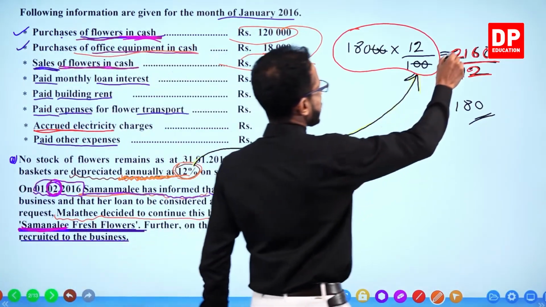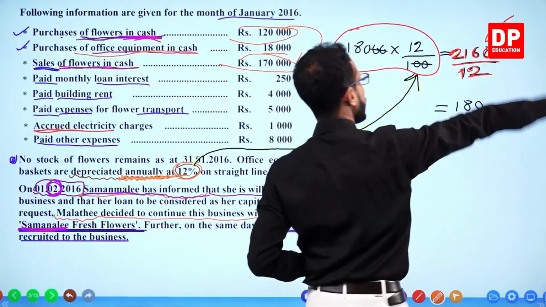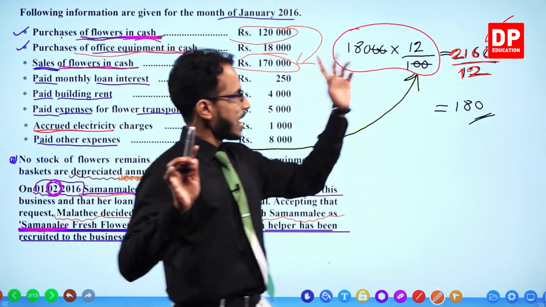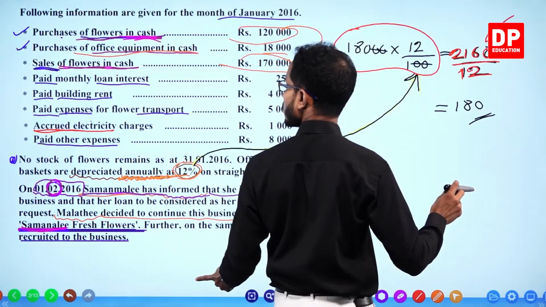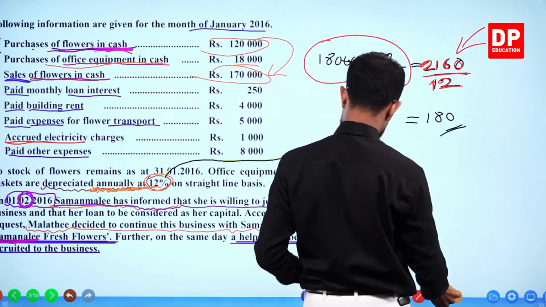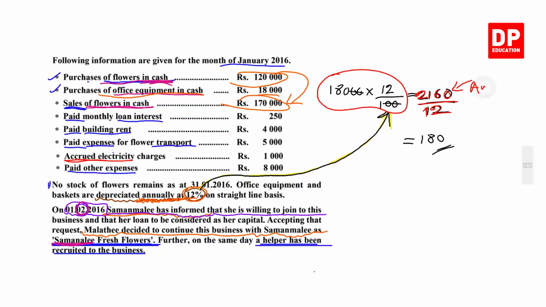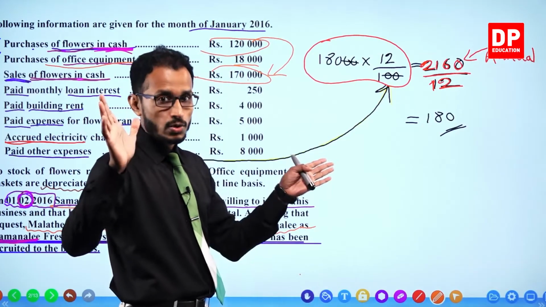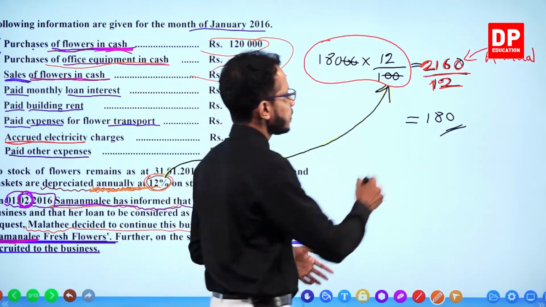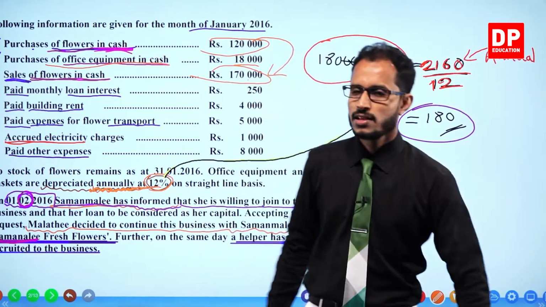This is annual depreciation, and as I told you, most of the children write that answer, and it's wrong because it is annual depreciation. But the question is asking for the month of January. So divide the annual depreciation by 12, you get 1 month. This is the answer. Got it? Simple things, right?